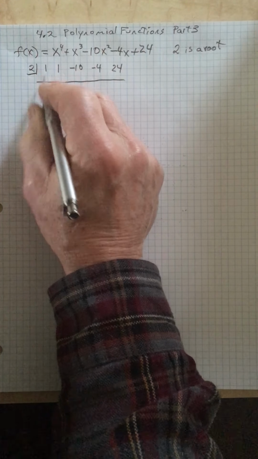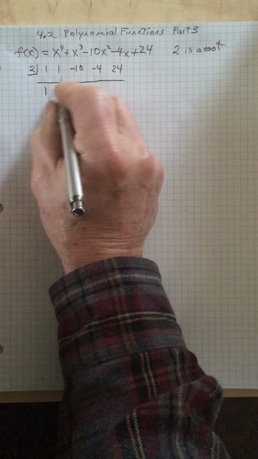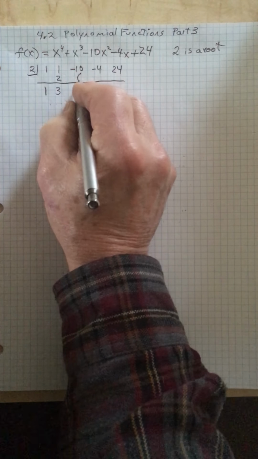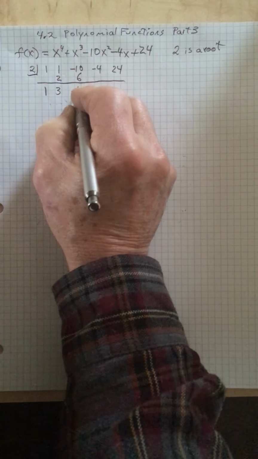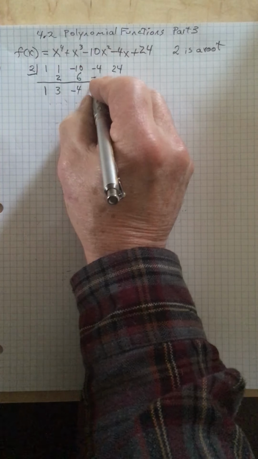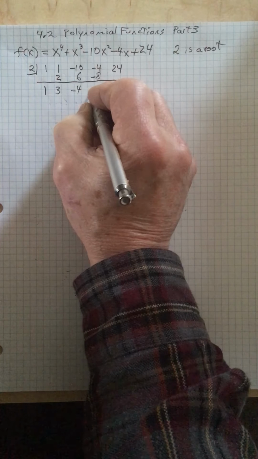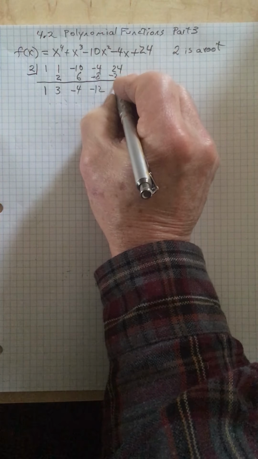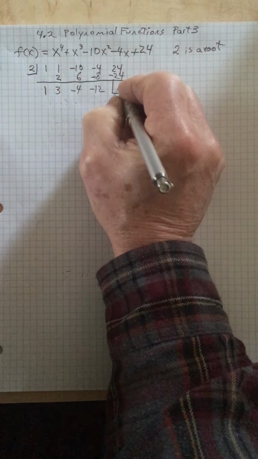Again, draw the line, bring down the first one, multiply. 2 times 1 is 2, add them up. 2 times 3 is 6, add them up. 2 times 4 is 8, add them up. 2 times minus 12 is minus 24, add them up.